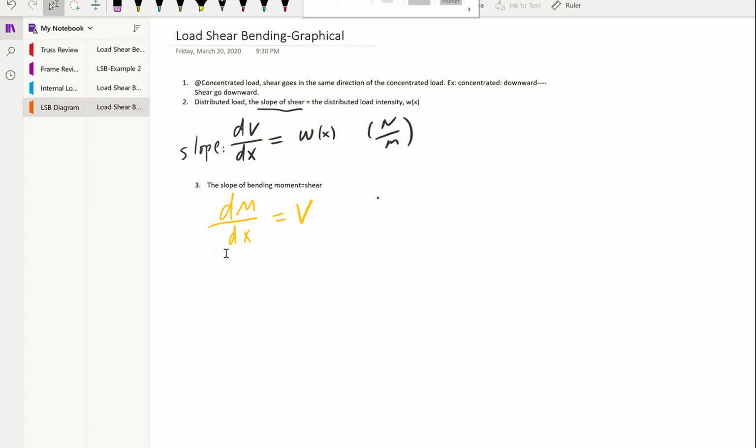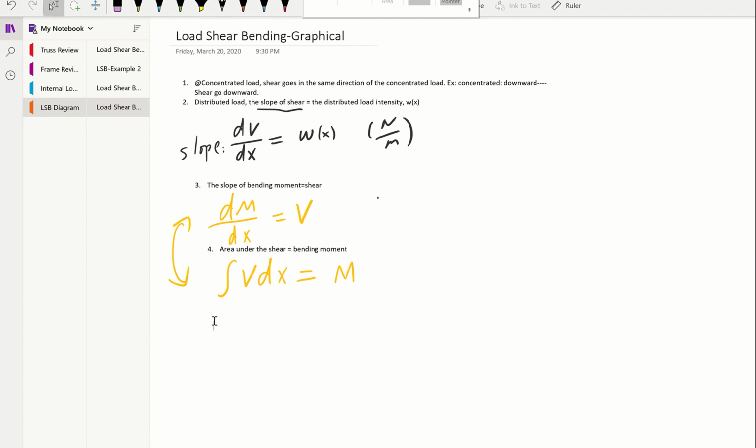Knowing that, this essentially leads to our rule number 4. If we integrate, the area under the shear is going to be equal to the bending moment. Written mathematically, the integration of shear is equal to your M. Those two, right?